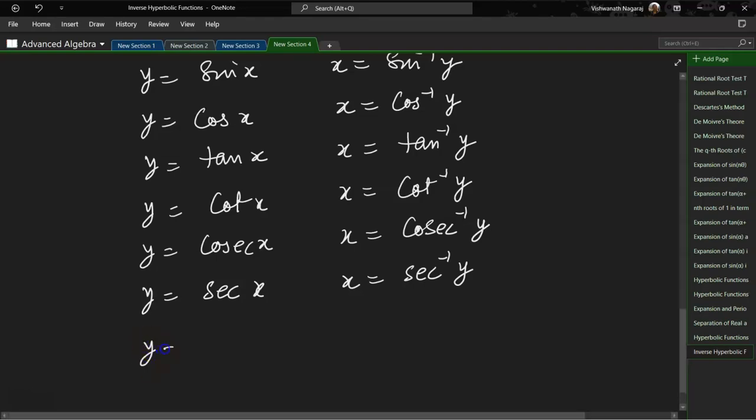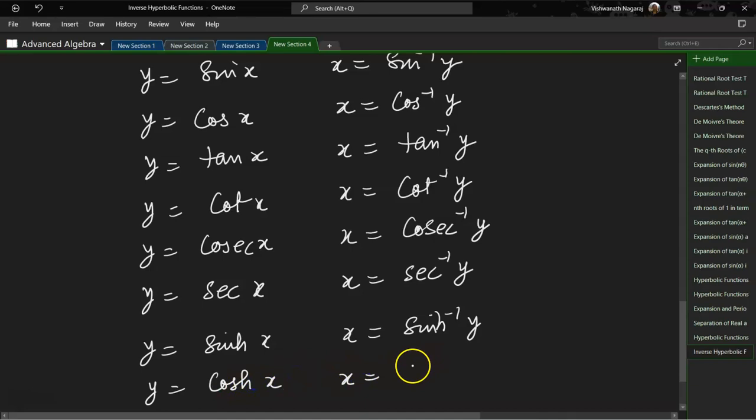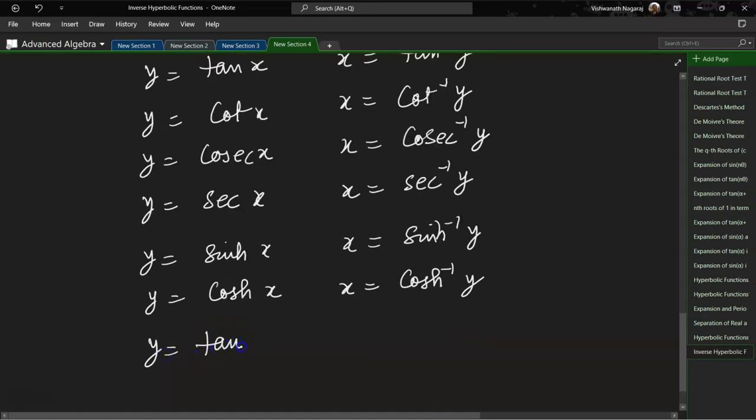I'm just repeating it so that you really get the feel of it. Okay. Similarly, y is equal to hyperbolic sine of x, which means x is equal to hyperbolic sine inverse of y. Y is equal to hyperbolic cos of x, x is equal to hyperbolic cos inverse of y. Y is equal to hyperbolic tan of x, x is equal to hyperbolic tan inverse of y.